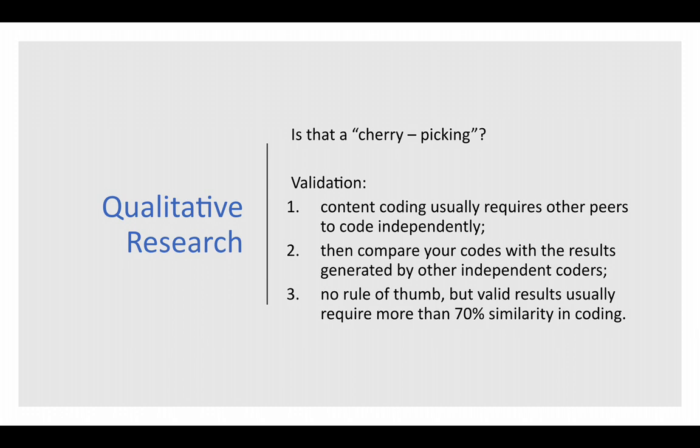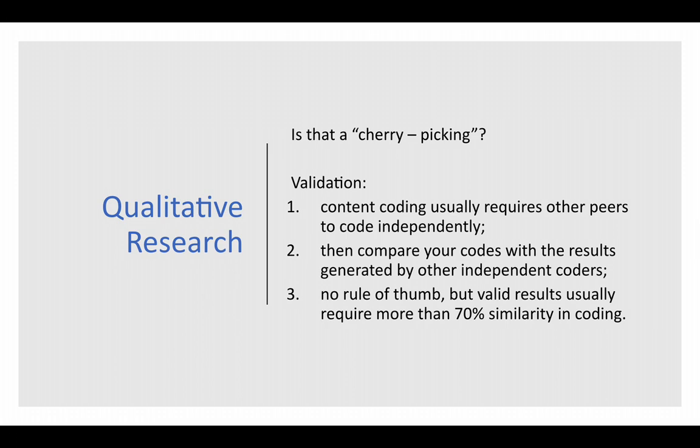So generally speaking, you are going to code with other coders, right? To avoid being accused of cherry picking, this process is called validation. Now, how can you validate it? Of course, you are going to code with your peers.